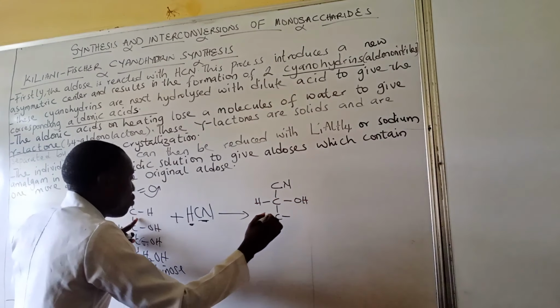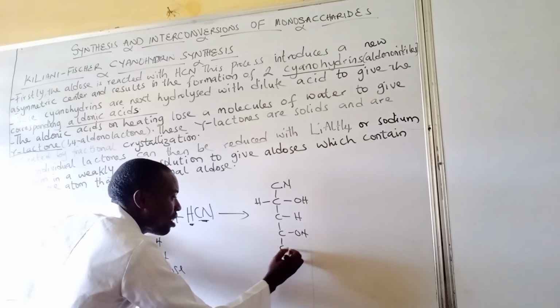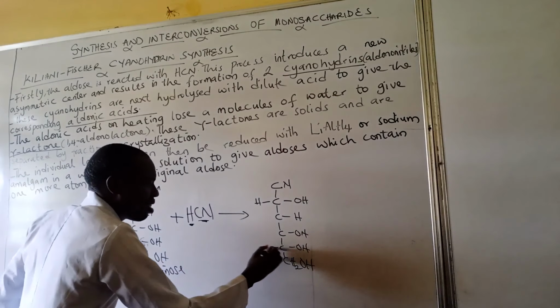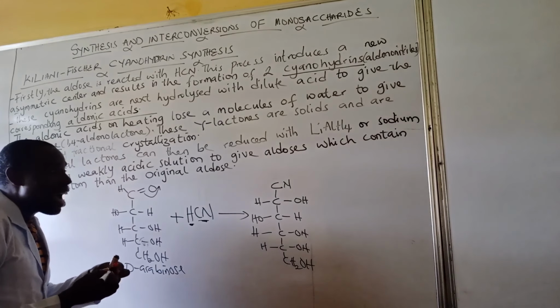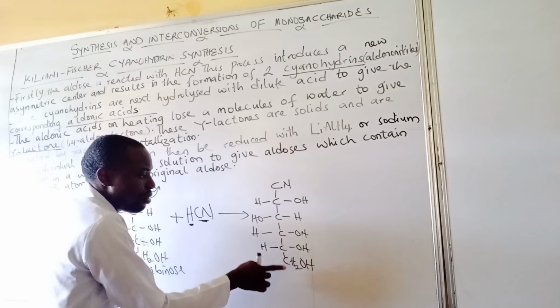Every other thing remains intact. Do not forget, it is very easy. So we move here. If you now count the number of carbons, it's now 6: 1, 2, 3, 4, 5, 6.